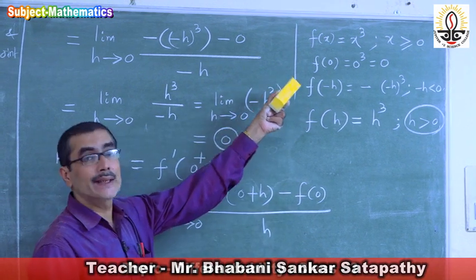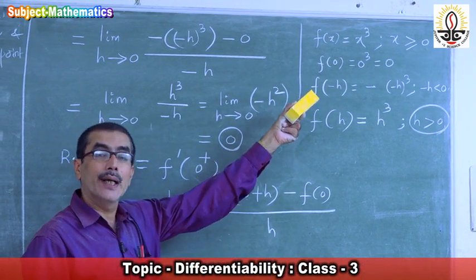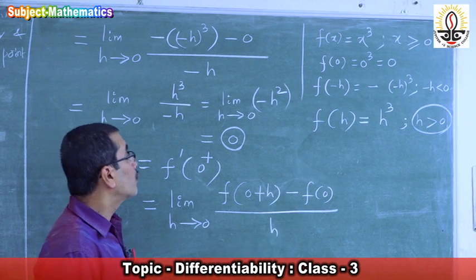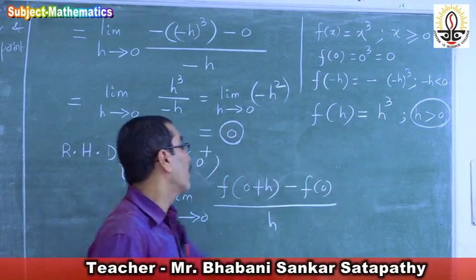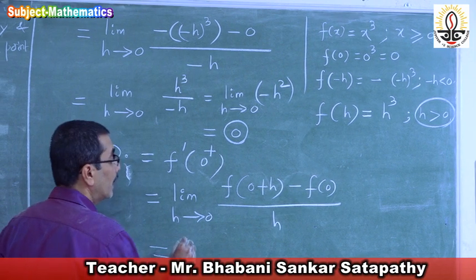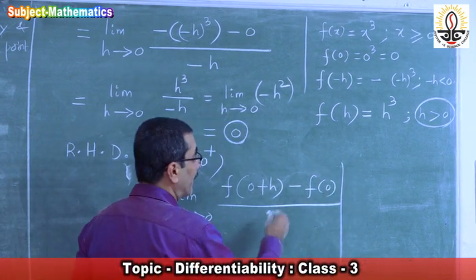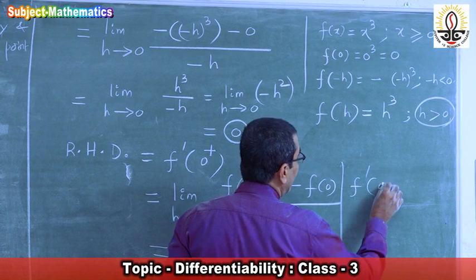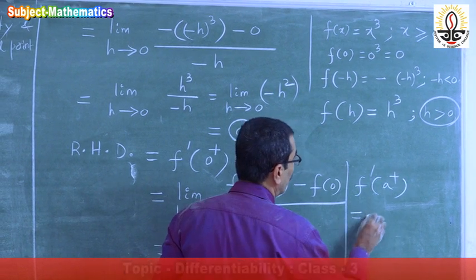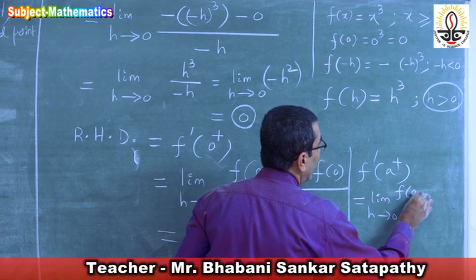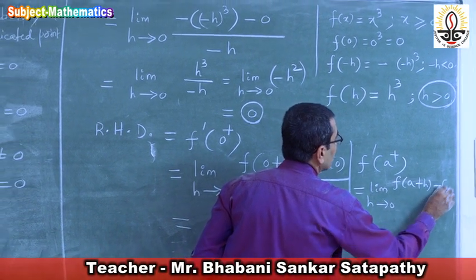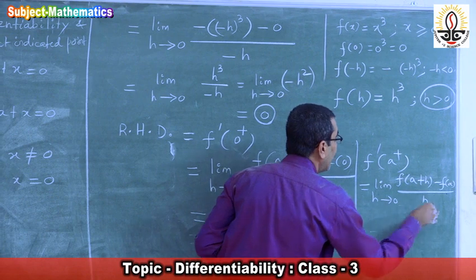Therefore, f of x is equal to x cube when x is greater than or equal to 0. So, f of h is equal to h cube when h is greater than 0. Because right hand derivative f dash a plus is equal to limit h approaches 0, f of a plus h minus f of a divided by h.